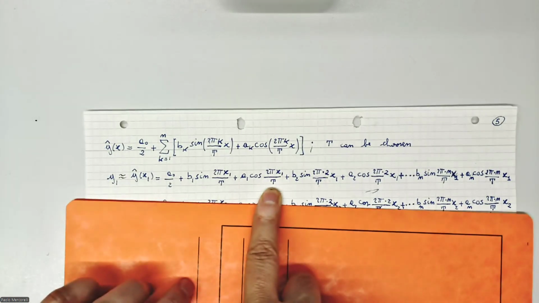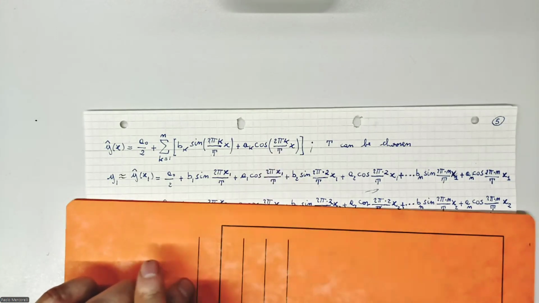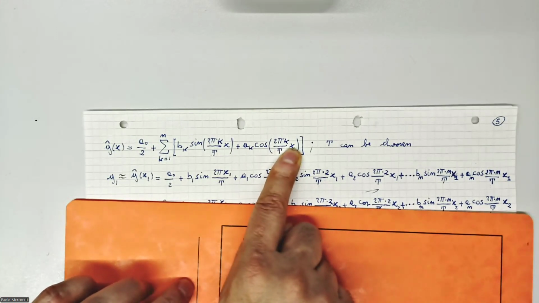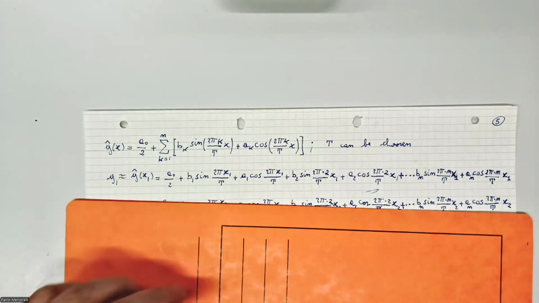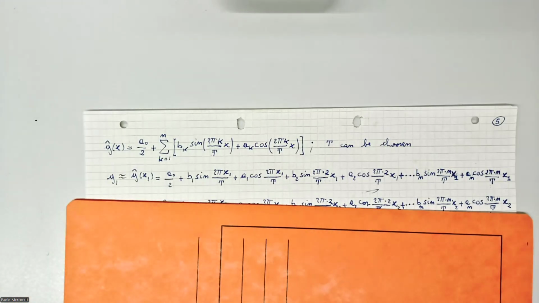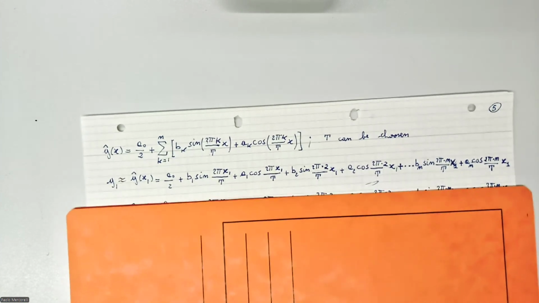This means I have this element here, which is here for k equal 1 at point x1. Let me consider T is given. I know T, the period of the data. Again, to be concrete, I don't have much time to go in depth on this, but as you see, I skipped every theoretical part because it's not the goal of this course, but we have to be able to apply.